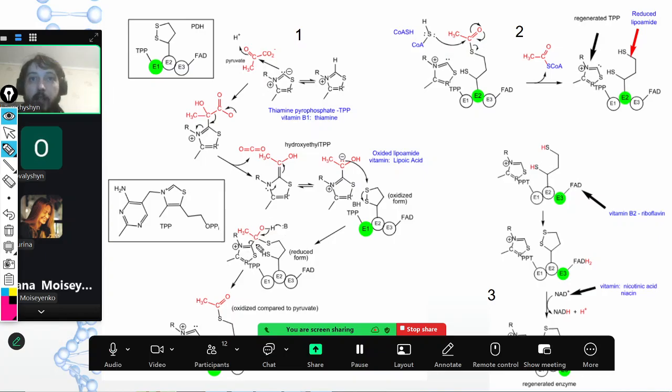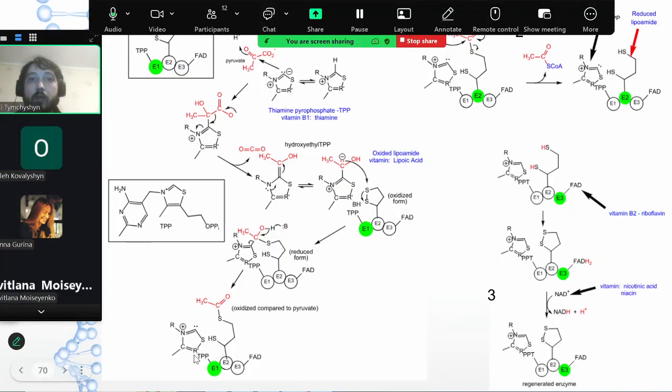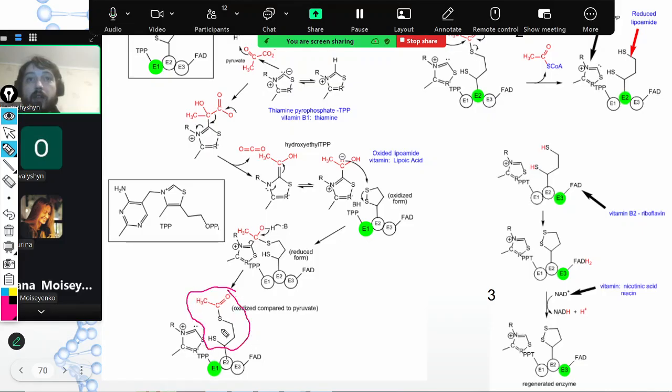Now it is attached to the E2 enzyme. One of the hydrogens is abstracted by the Bronsted-Lowry base. Once again, you see that some reactions are going, and at the end of the day, you have this molecule fully transferred to this sort of hand on the E2 enzyme.